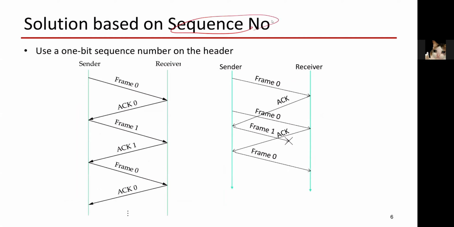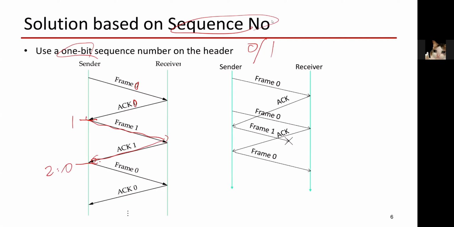Let's start with the simplest one, a 1-bit sequence number, which is either 0 or 1. Ideally, frame 0 is sent, ACK 0 is received, okay, now I can send 1. Frame 1 is sent, and ACK 1 is received, good enough. Now I can send the next frame, whose sequence number is 0 again: 0, 1, 0, 1, 0, 1, in view of the sequence number.